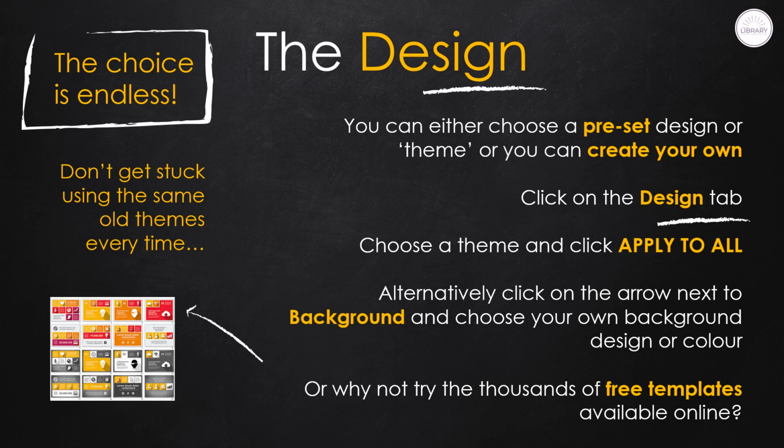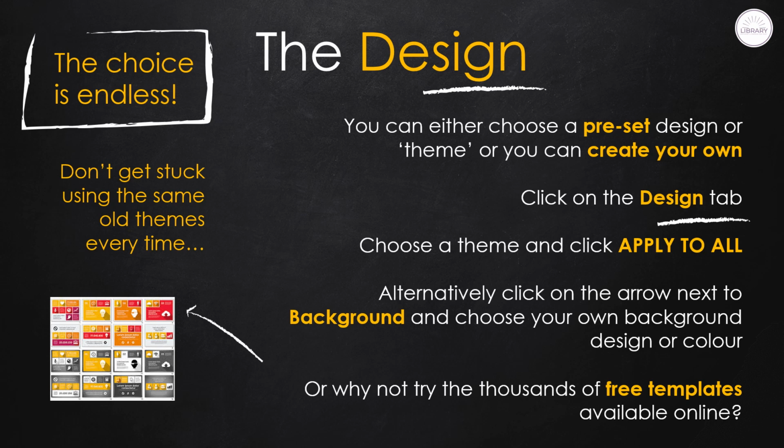It's useful to choose your design at the beginning as it makes it easier to place your text and any images in the right place as you go along. You can, however, choose to add or change your design at a later stage. You can either choose a preset design or theme, or you can create your own.